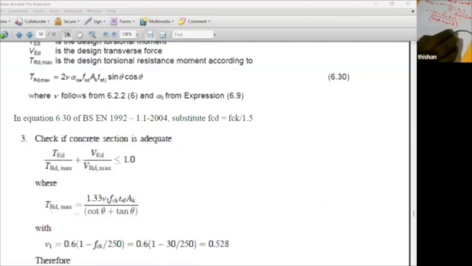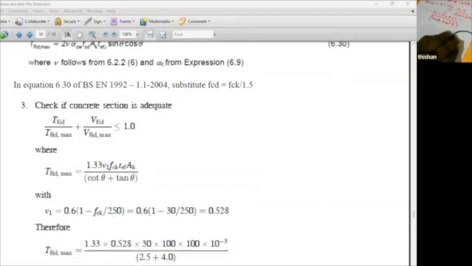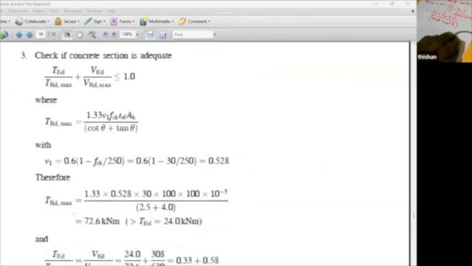So if you are writing a computer program, this equation is easy rather than writing the code equation. Do you agree? Yes, sir. You also have your value 0.528, so this TRD max comes close to 73.